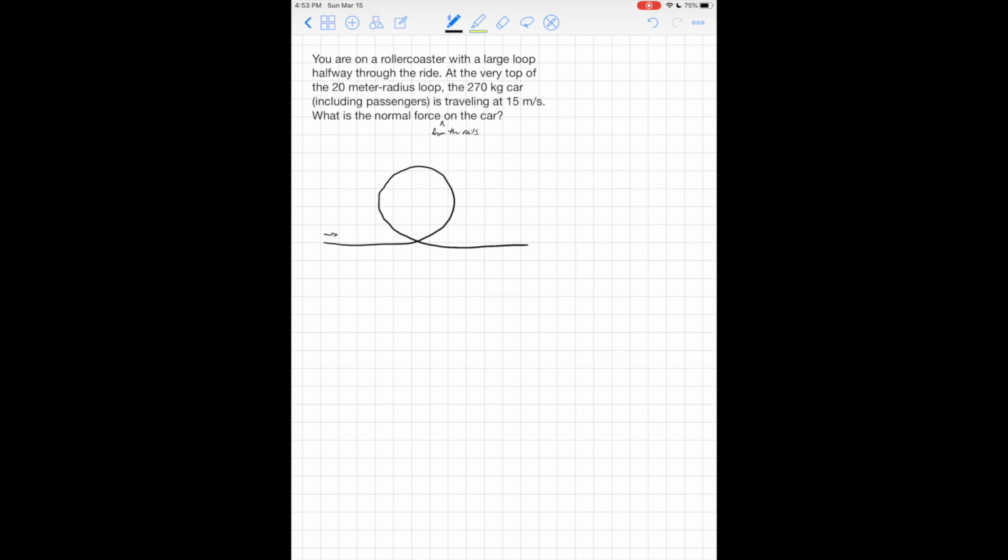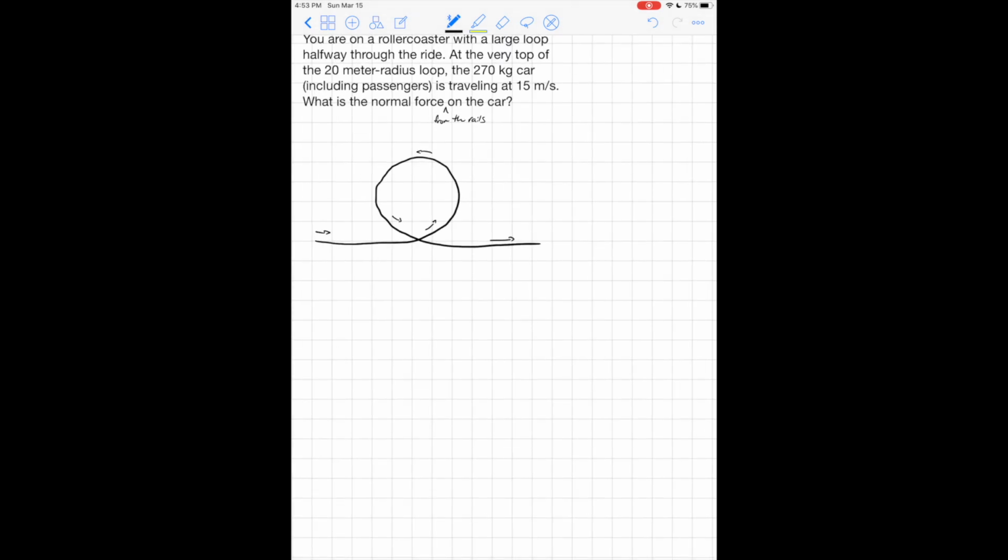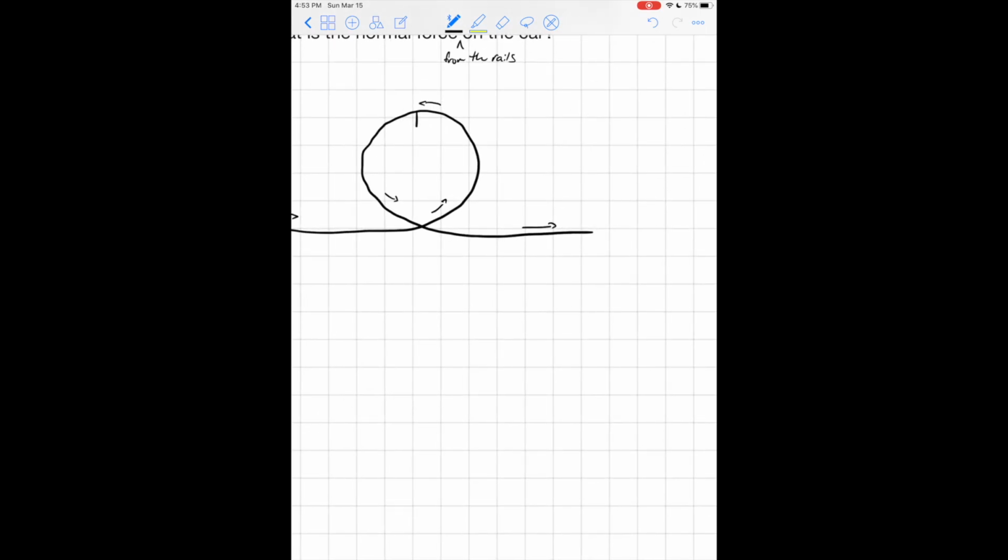I'm going to go left to right. So we come in from the left here, we go around our loop, and then out to the right. And our cart is just going to be a little square here with maybe a person. Woo! They're having fun.